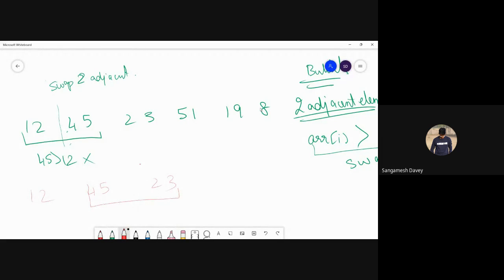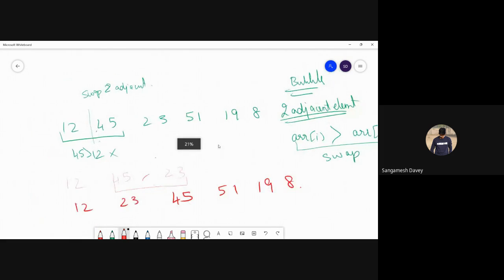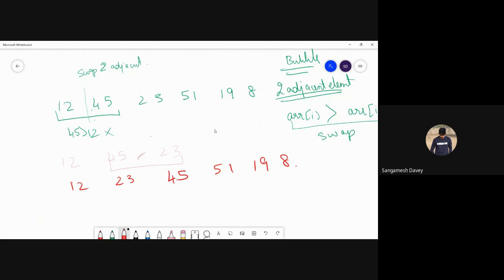Over here, 23 is lesser than 45, so I'll swap them. So right now I'll have 12, 23, 45, and the rest of the array, 51, 19, and then 8. After this, I'll be checking 45 and 51. Do I need to swap them? No, I don't need to swap them because 51 is larger.